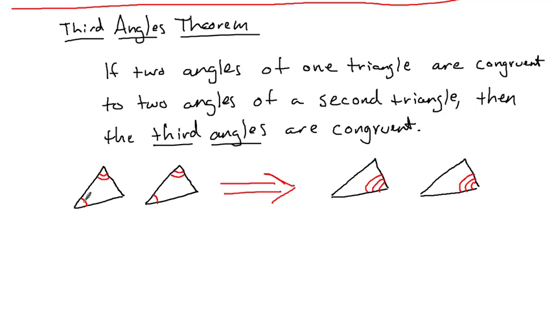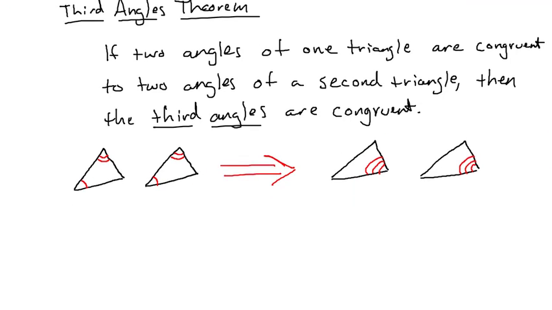And that's because all three of the angles add up to 180 degrees, so if 2 of them are the same, the third one has to be the same. It's the only way they're going to add up to 180.